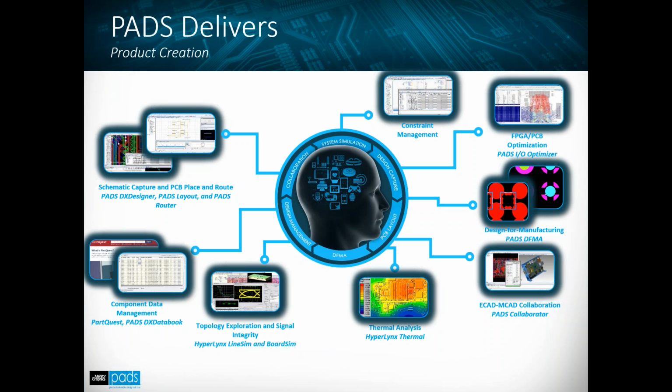We did talk about the MCAD collaborator already. That was our last Did You Know solution. And if that sounds interesting to you, it allows you to pass information back between ECAD and MCAD world. That is an archived webinar on our YouTube channel. And then PADS also offers Constraint Management and DFMA for manufacturing checks.